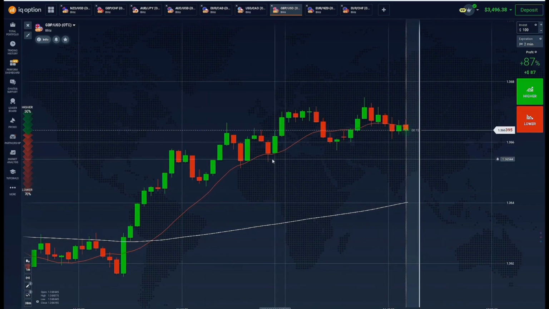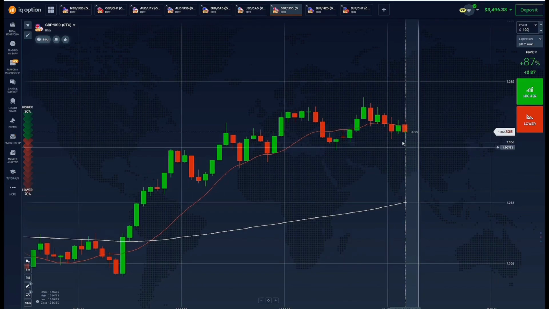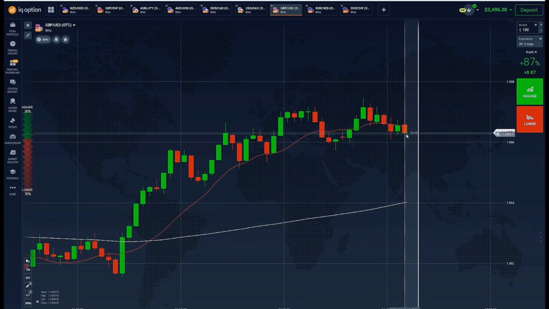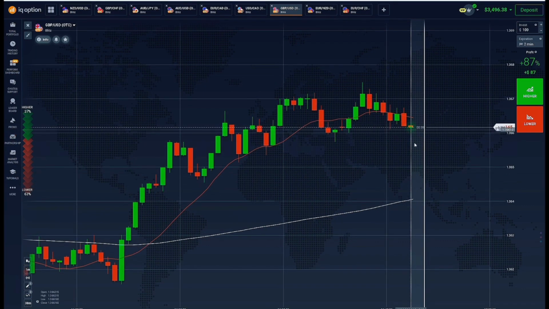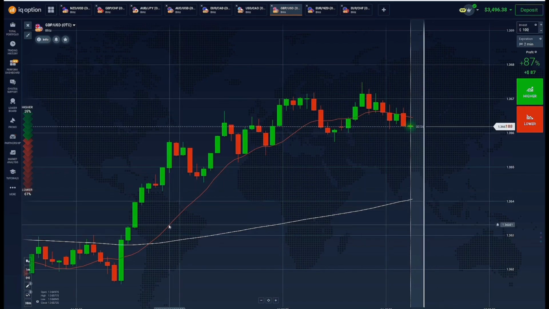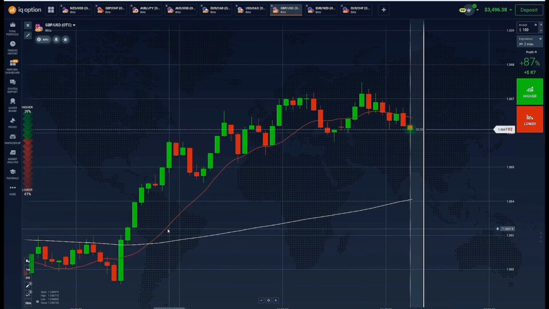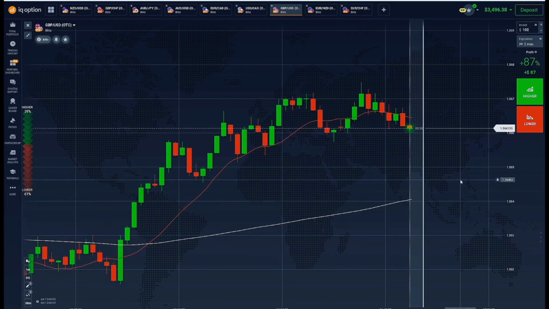One reason is that our red is very far apart from our white, so we might be expecting a pullback towards this zone. When that pullback happens and the red is somewhere around this area and the white is somewhere here, something not too far, something decent like this, then we'll start looking for buying opportunities.